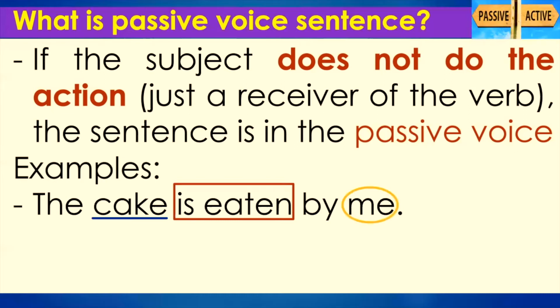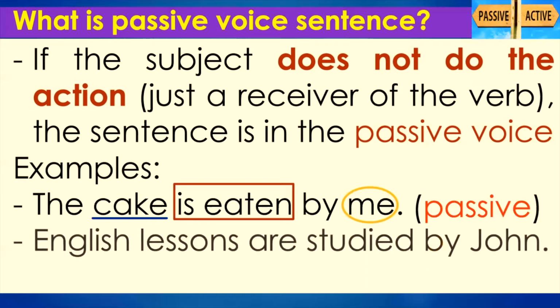Rather, the subject is receiving the action, which is cake. The action which is eaten. Because cake is the one being eaten. By who? Me. So, me here is the doer of the action, not the subject, which is cake. So, this kind of sentence is said to be in the passive voice.